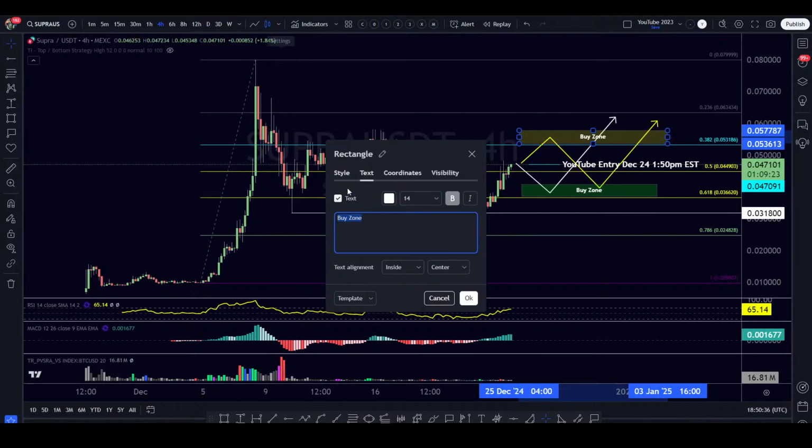Then we'll change the text. And the text will be add to position after retrace. Active position after retrace. So hopefully that makes sense.